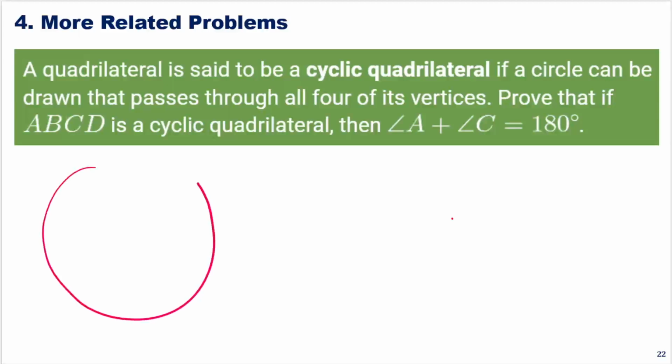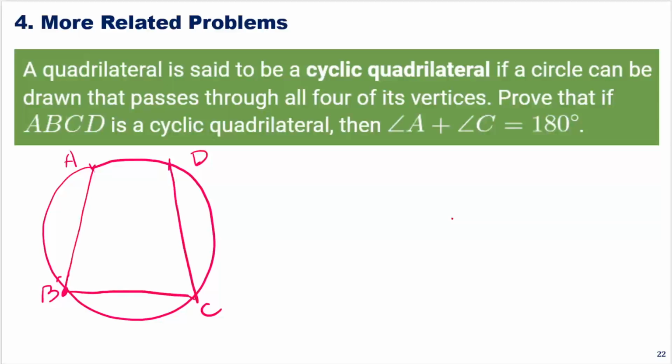So ABCD is a cyclic quadrilateral, that means all of its vertices are on a circle, right? So let's draw this situation here. Suppose these are the 4 points. Can you prove angle A plus angle C equals 180 degrees?